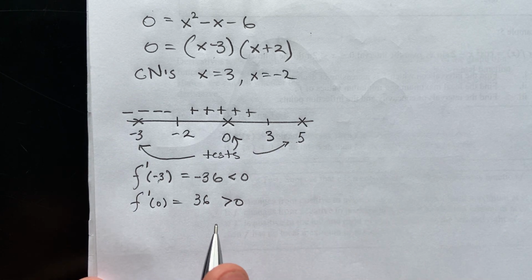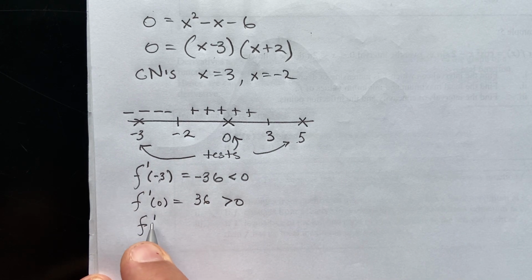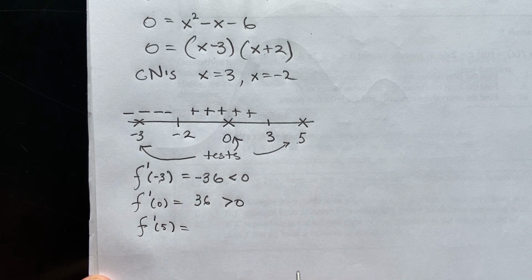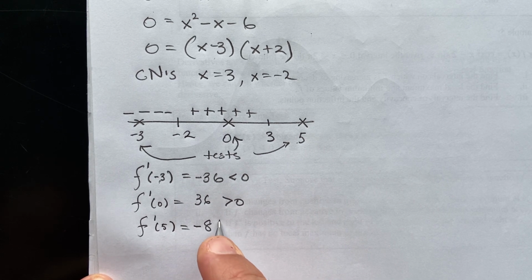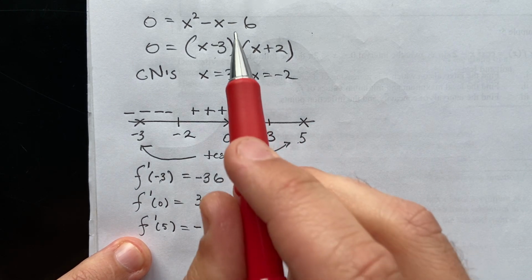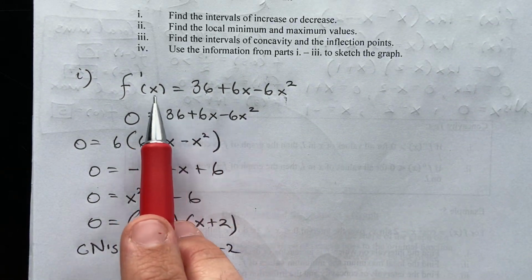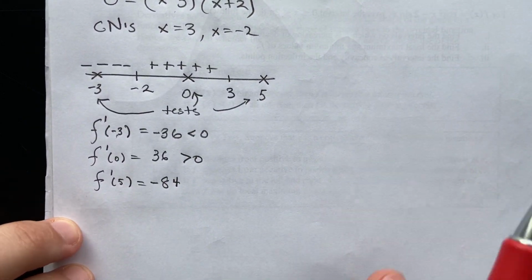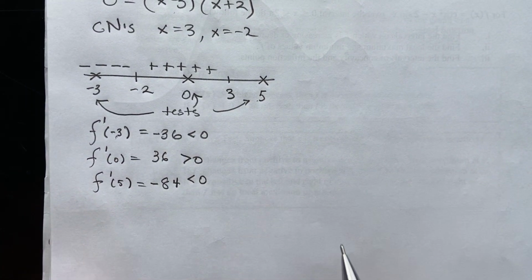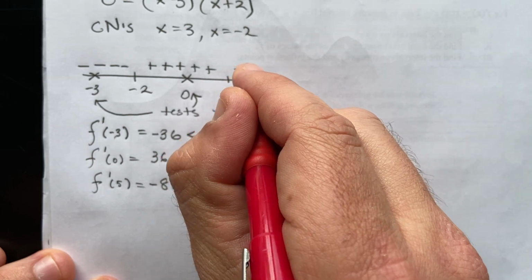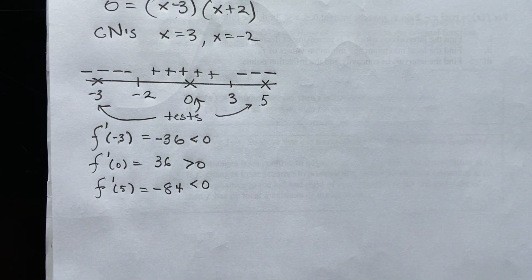And then over here at 5, f prime of 5, we have -84, I believe. You could check me on that. I'm plugging 5 into the derivative, f prime. That is less than 0, so I will have negative throughout that section.